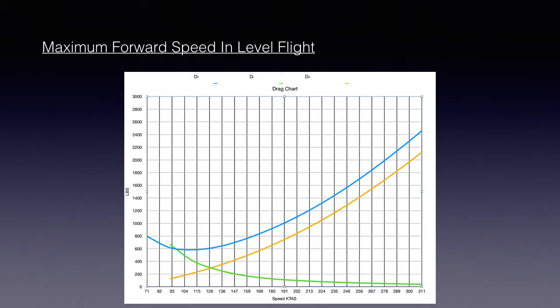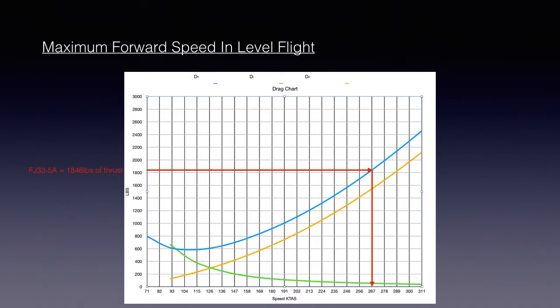So again, let's take our data. We do know that the FJ33-5A produces 1846 pounds of thrust. On the left hand Y column, I have pounds listed. So we're going to enter the chart at the 1846 pounds of thrust, take that over to the total drag line, and run that down to see what the speed is.